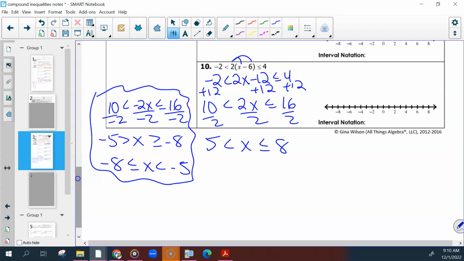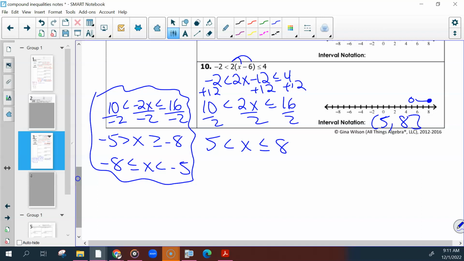Going back to the problem, you'd have an open circle at 5, a closed circle at 8. Sometimes the line is really small. Sometimes it's really big. It depends. Our interval notation would be what? Parenthesis 5, comma, 8 bracket.